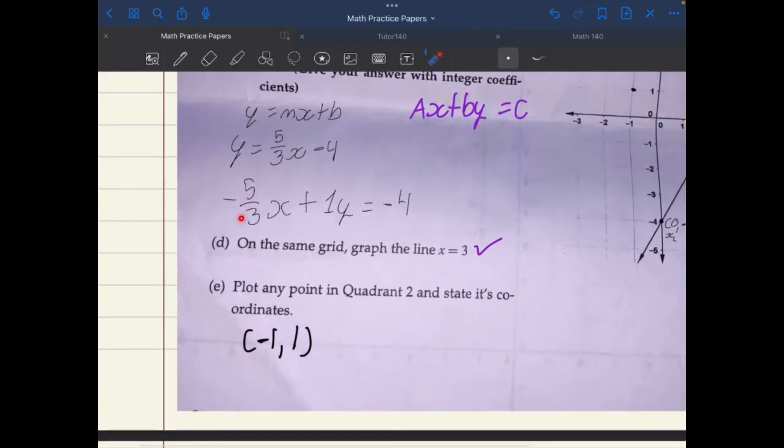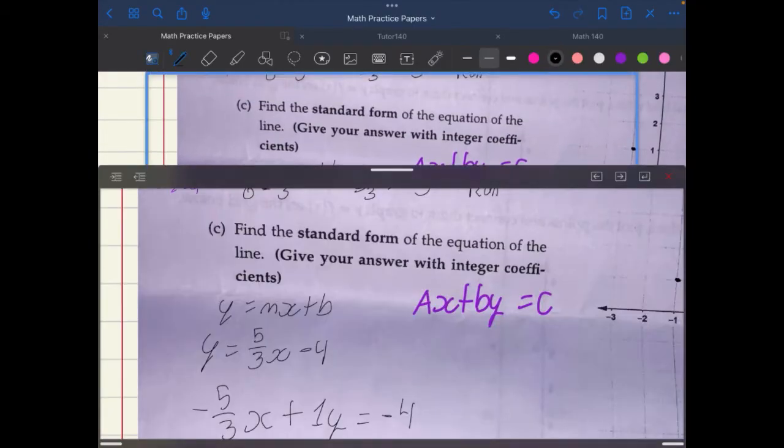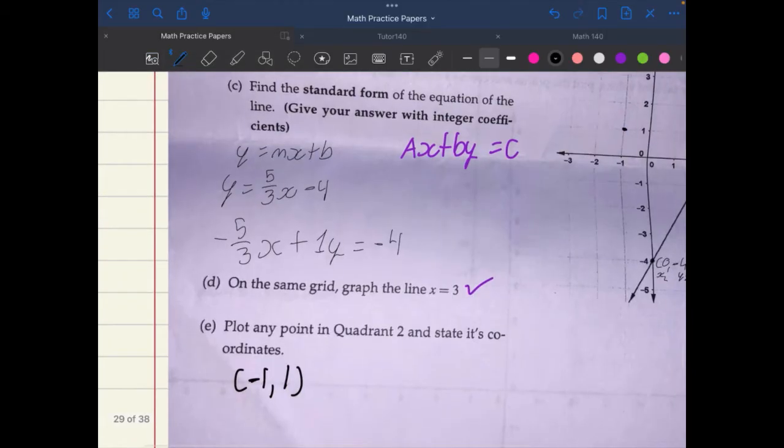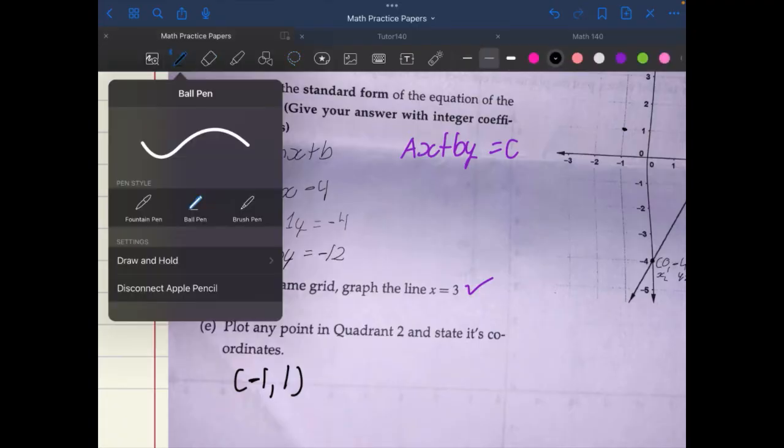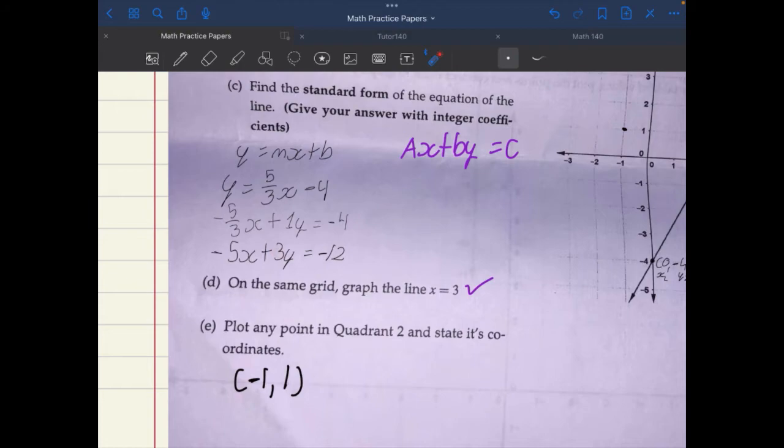To get rid of this fraction, we have to multiply this entire equation by 3. The 3's will cancel and we're left with negative 5x plus 3y is equal to negative 12. So this is our final answer, because now we have integer coefficients.